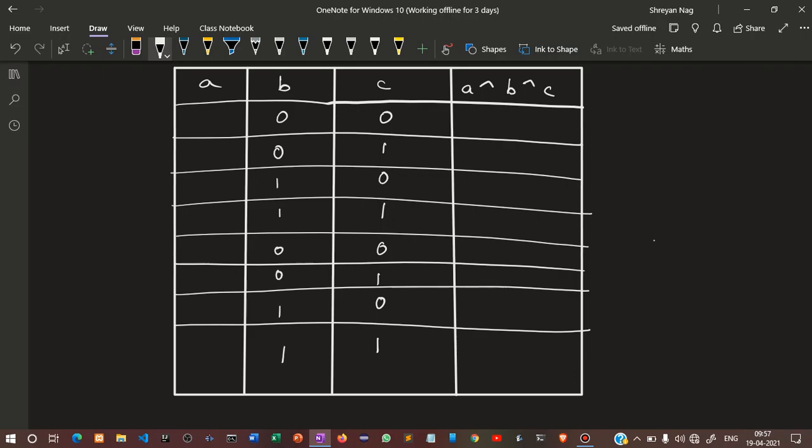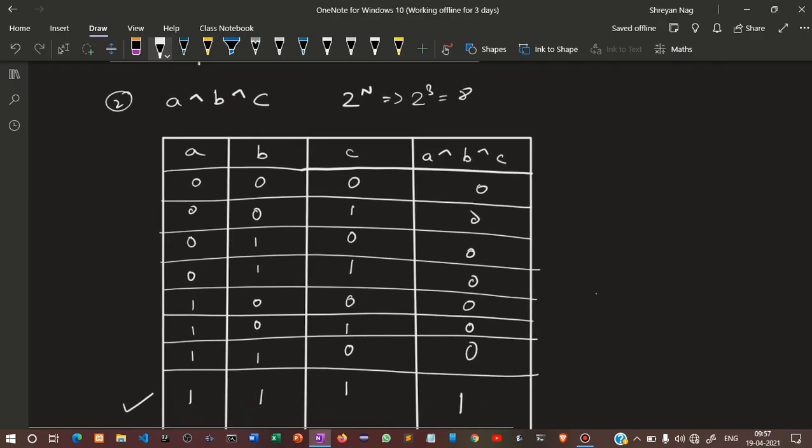Then 4 zeros, 4 ones. What I have said, all of the conditions have to be true. So we can see that ultimately only one row has all conditions true, so 1, and the rest will be 0. Since one of them is 0, ultimately all will be 0. So this is the truth table for 3 variables.